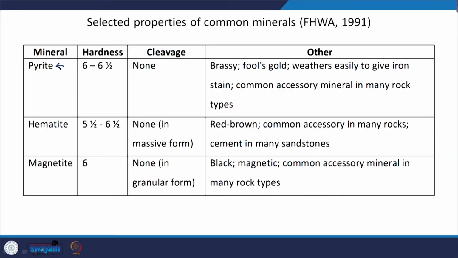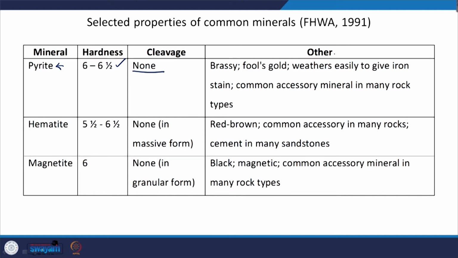Now, here this table gives us the idea about some of the common minerals and their characteristics. Like for example, if we have pyrite, its hardness falls in the range from 6 to 6.5. No cleavage plane.